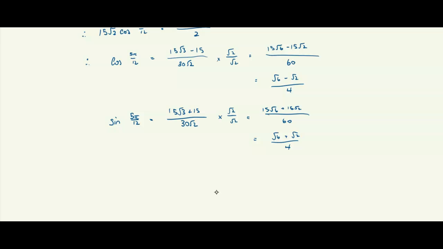Now tan 5 pi over 12, pause and do it. You're just going to do it as sine divided by cos. So that'll be root 6 plus root 2 over 4, and I'm going to divide by root 6 minus root 2 over 4, or multiply by its reciprocal. So we end up with root 6 plus root 2 over root 6 minus root 2. I'm going to multiply now by the conjugate.